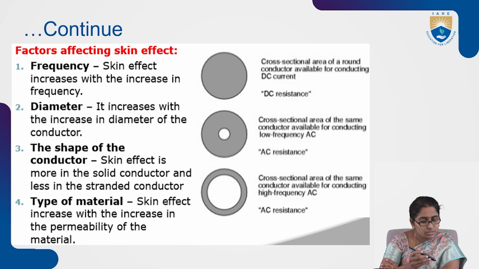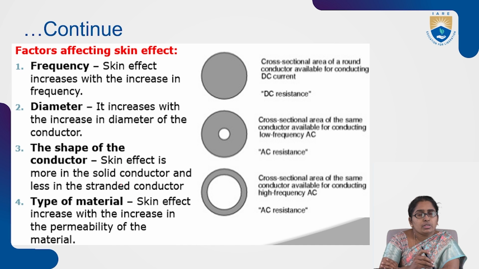Then the third one, the shape of the conductor. Skin effect is more in solid conductors and less in stranded conductors. So what is a stranded conductor? A stranded conductor means a number of small wires are bound together to get a large conductor.